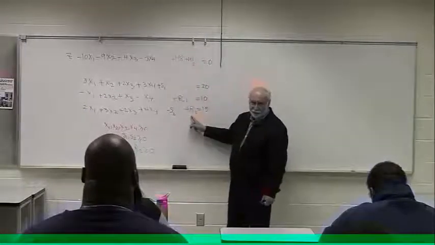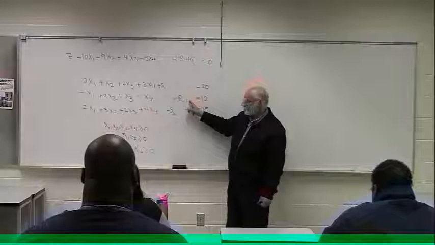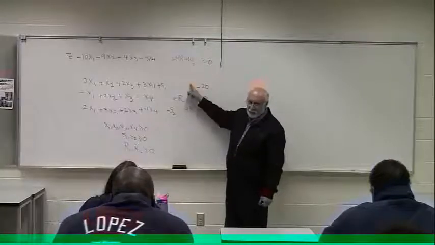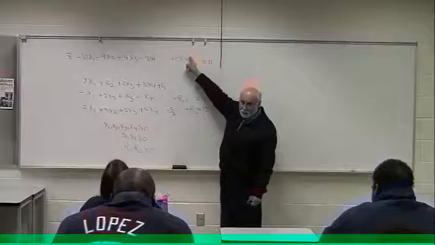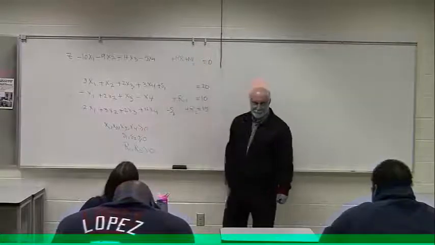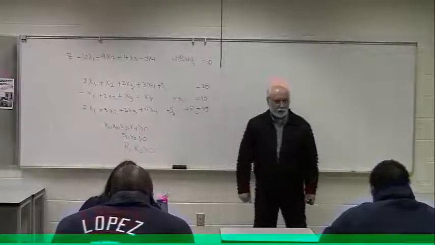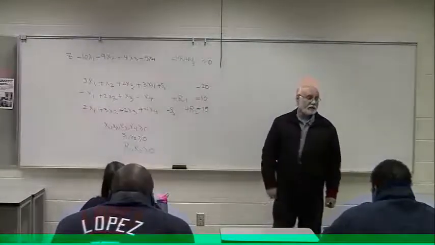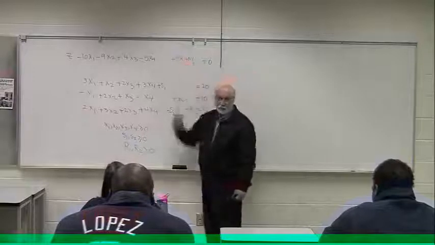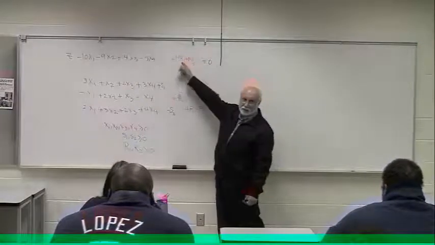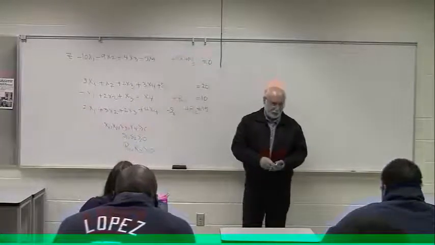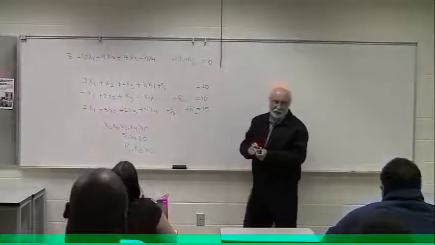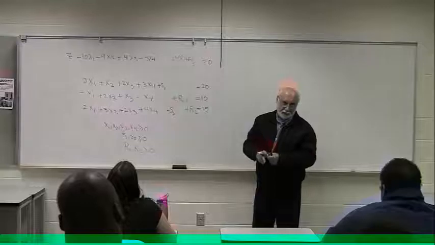What about R2? 1, 0, 0, good candidate. There's an R2 in here. So we will get rid of this. How do I get rid of MR1 in there?